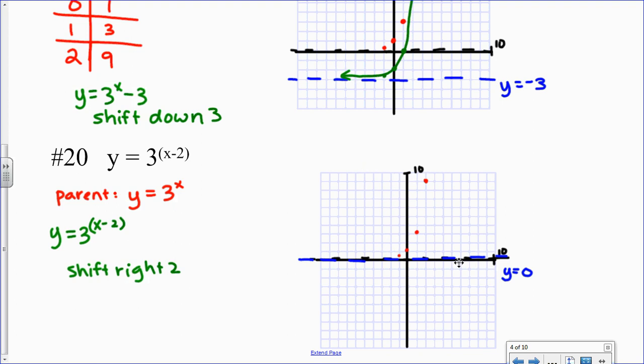Okay, go right 2. Labeling is a good idea, so when I'm grading your quiz or test, I'll be able to tell what your final answer is.